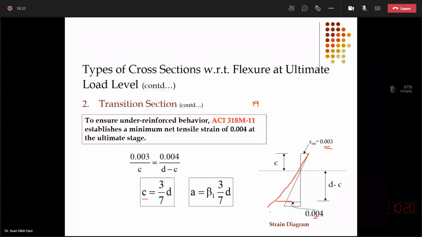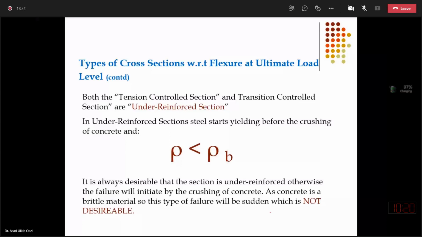So finally we can comment that all cross sections with rho less than rho balanced, which was our case in the example problem where rho was 1.36%, well below rho balanced of around 3%, are called under reinforced cross sections.